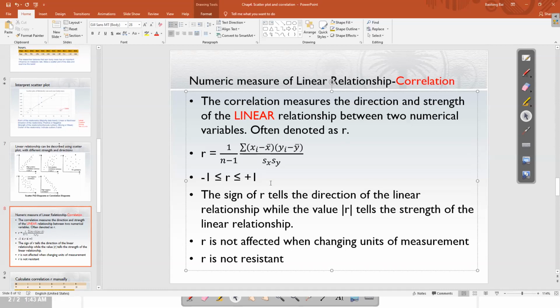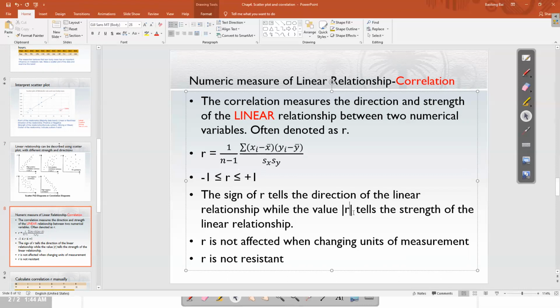Next, for any correlation value, the sign of the correlation, positive or negative, will tell you the direction of the linear relationship. If the sign is positive, the relationship is positive. If the sign is negative, the relationship is negative. That's pretty simple.